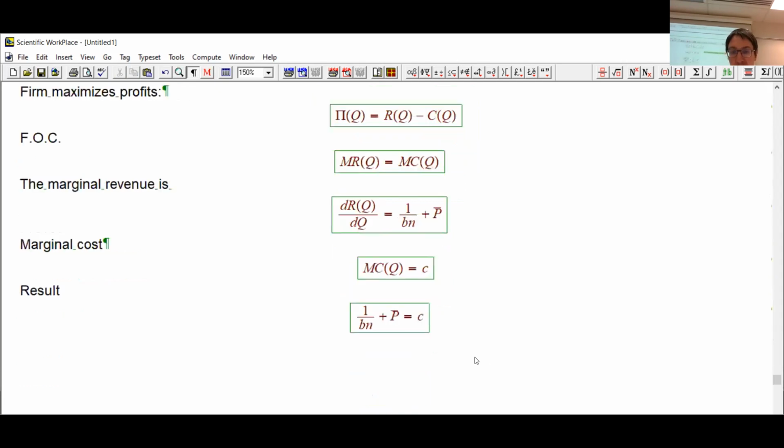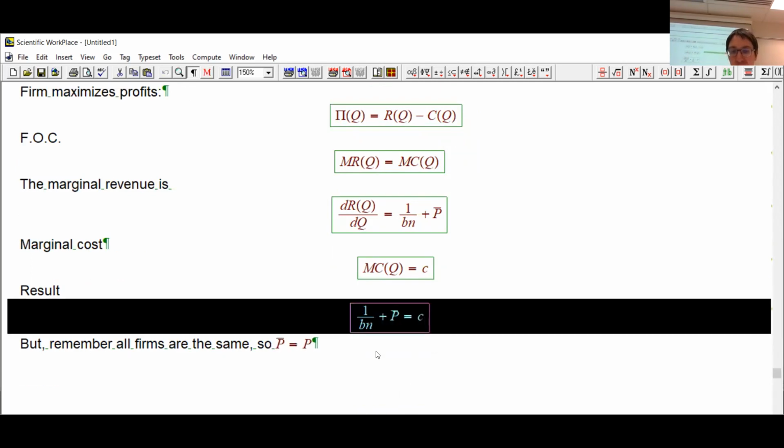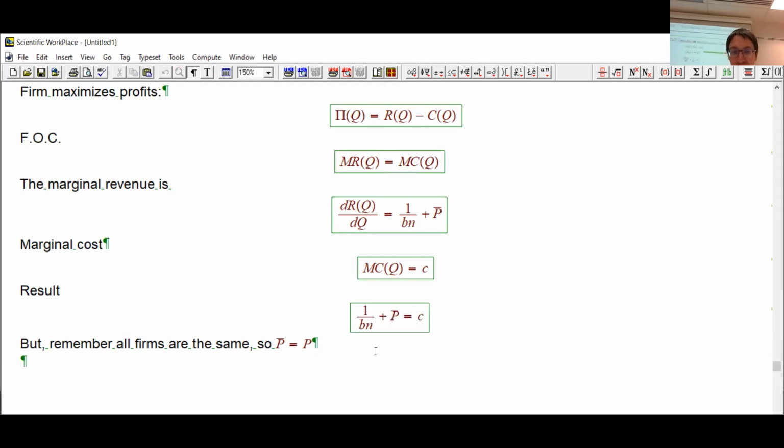I get c, but remember, all firms are the same, so P bar equals P. All right, did I make a mistake somewhere?